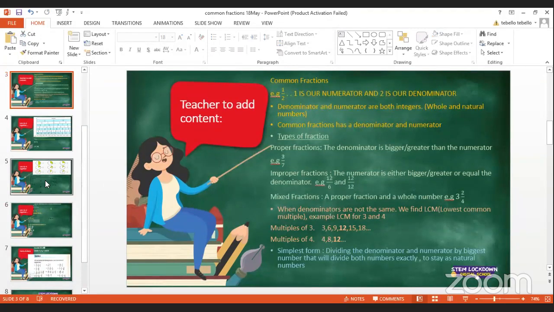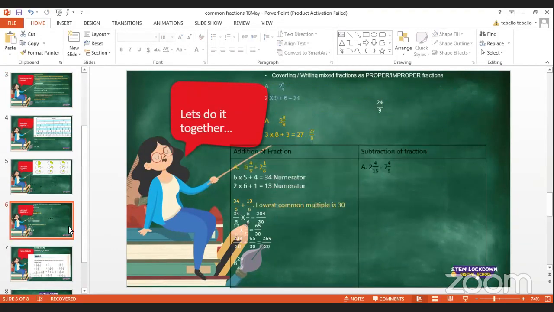So in our example right here, we must find the lowest multiple for 5 and 6, right? So let's do it together. Let's find the multiples for 6 first: 6, 12, 18, 24, 30, 36.